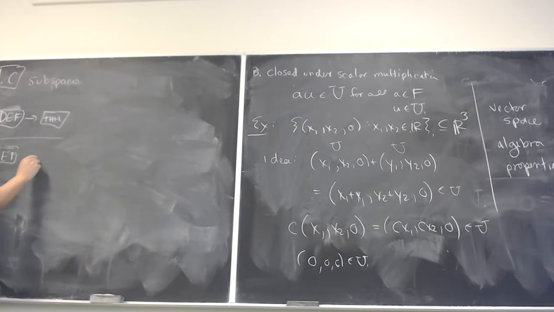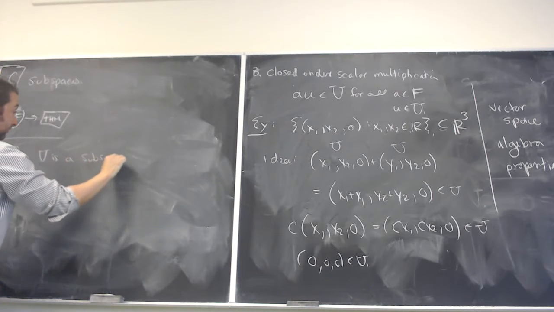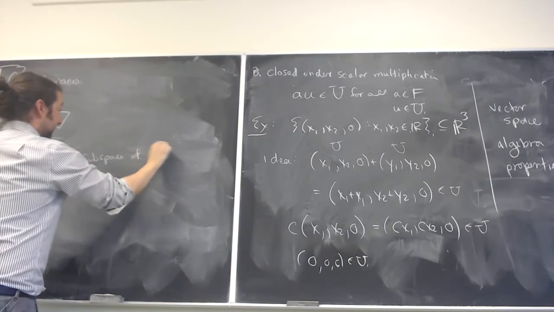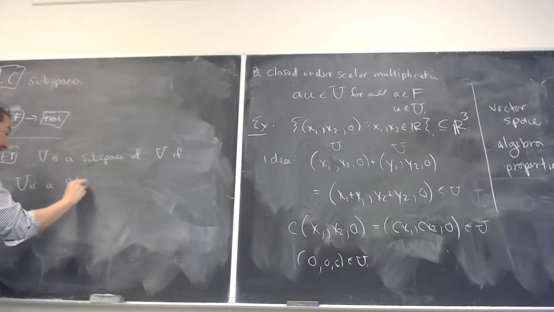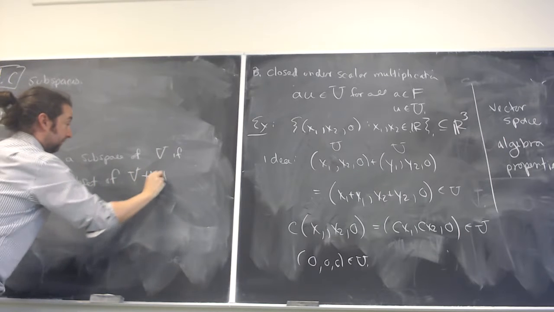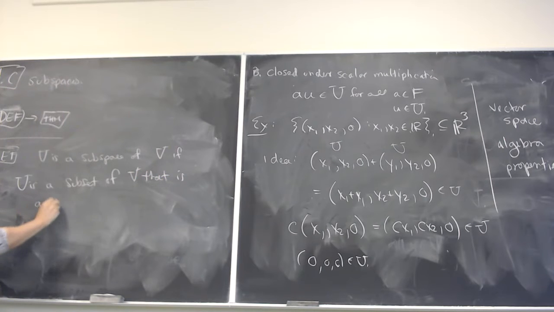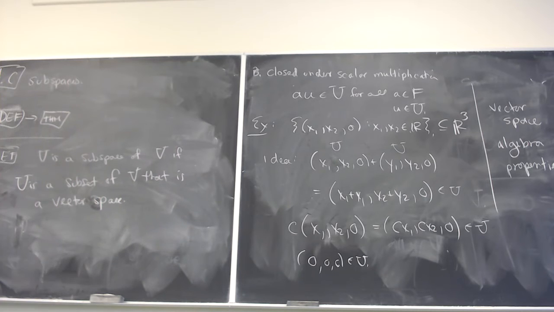So the definition is that U is a subspace of V if U is a subset of V that is a vector space. So that will hopefully make things more clear.